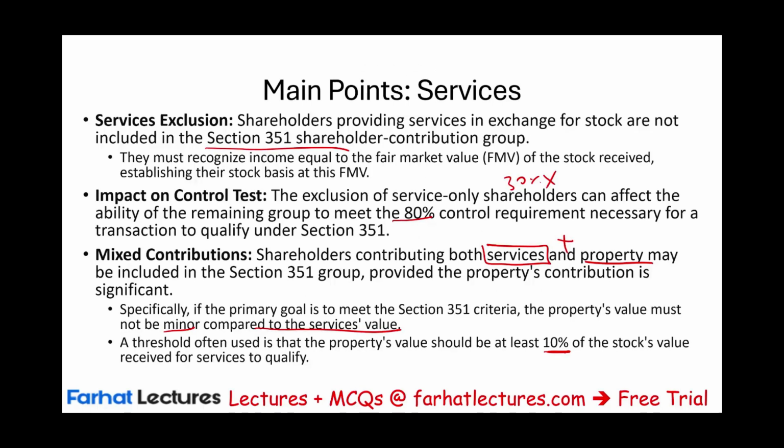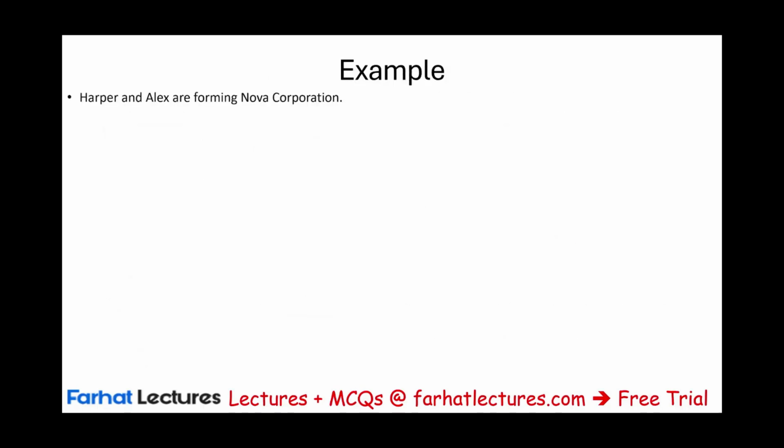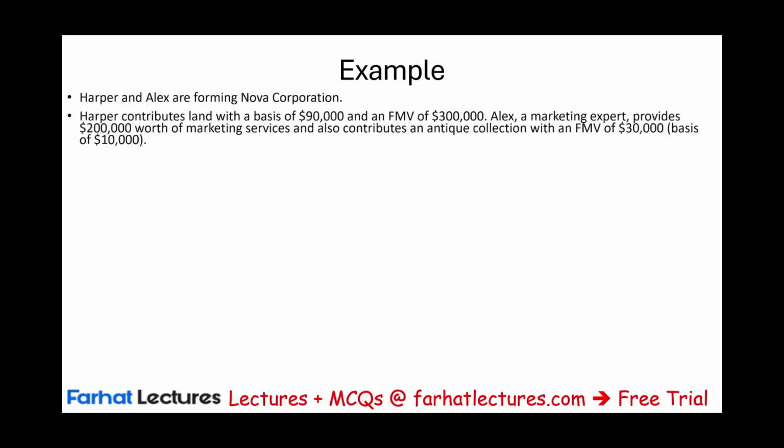to make sure the mixed contribution is counted. Well, H&A, Harper and Alex, are forming Nova Corporation. Harper contributed land with a basis of $90,000 and a fair market value of $300,000. Alex, a marketing expert, provided $200,000 worth of marketing services and also contributed an antique collection with a fair market value of $30,000 and a basis of $10,000.